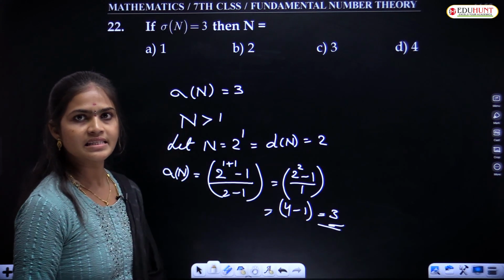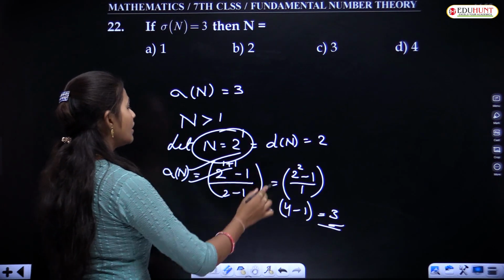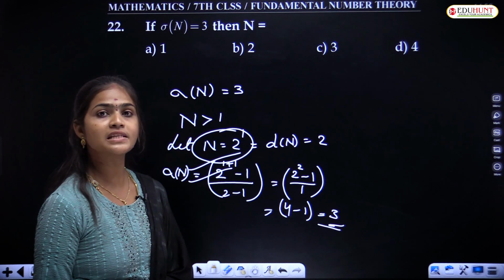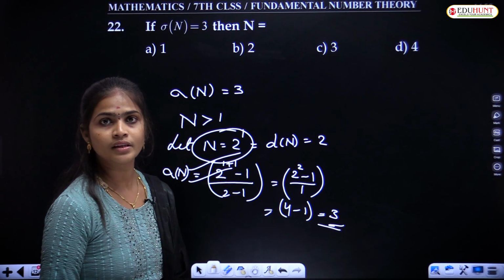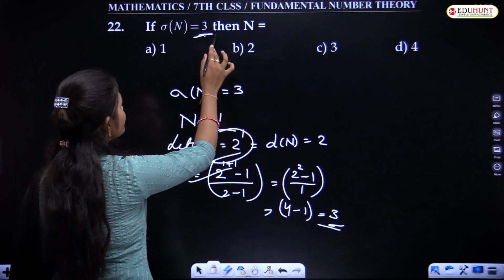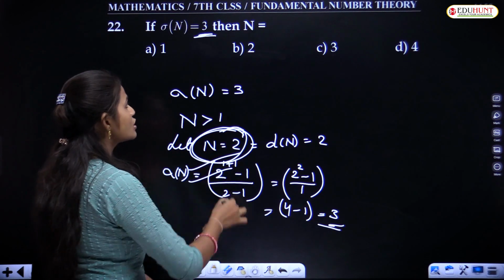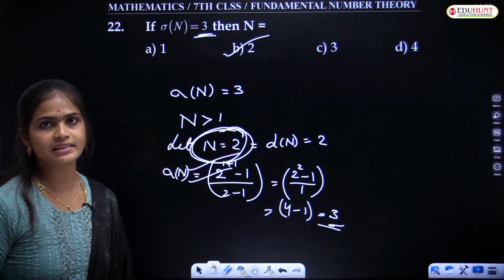That's why n equal to 2 is the correct option. If you take n equal to 3, then 1 plus 3 is 4, but here they are asking the sum to be 3. So it is possible only when n is equal to 2. So option B is correct.